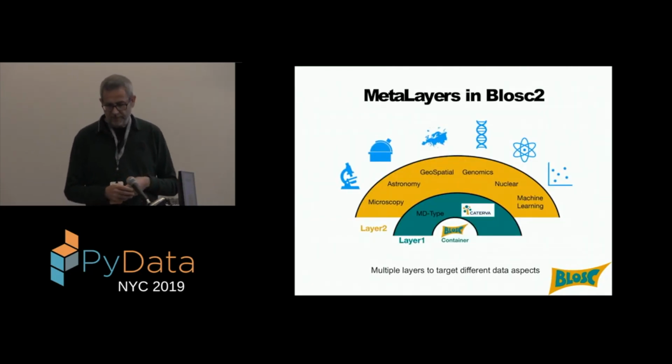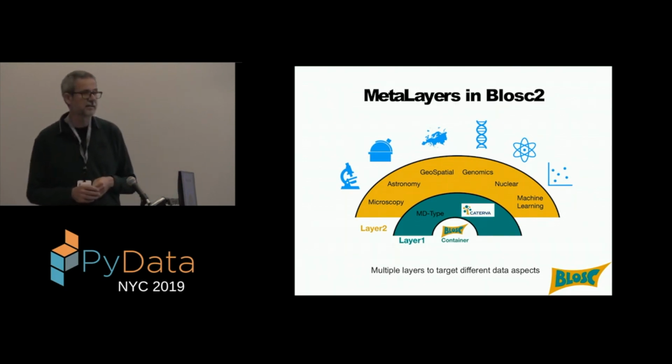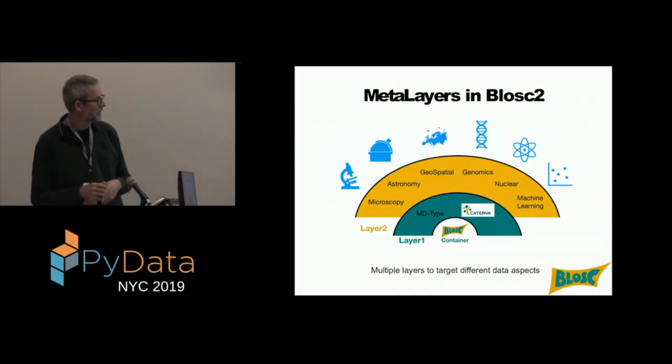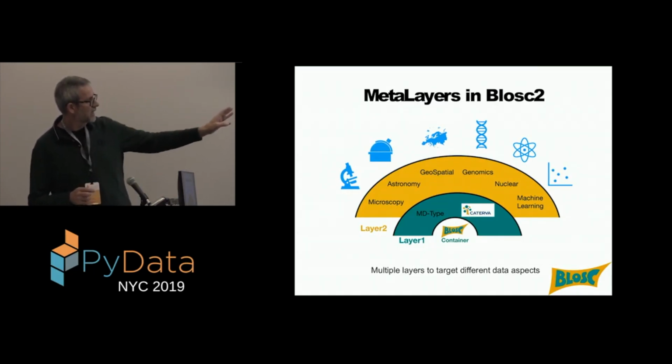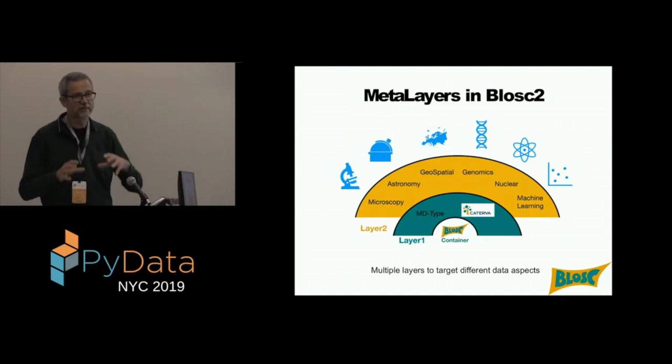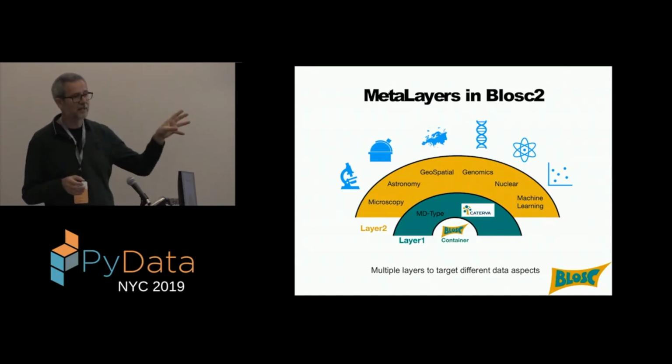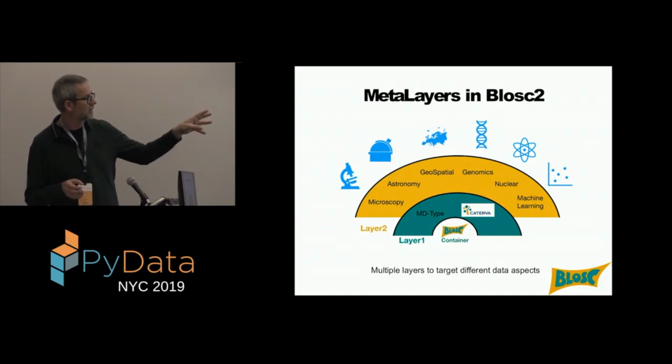Another feature of Blosc2 is that it adds the capability of adding meta layers on top of Blosc2 containers. So at the bottom we have the Blosc2 container, and then we can add different layers for adding information about what you are storing there. You can add layers for describing the multidimensionality of the data, or the types of the data.